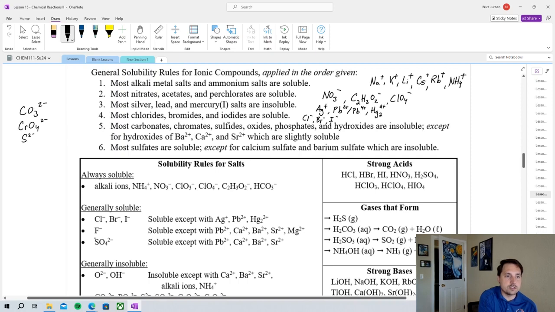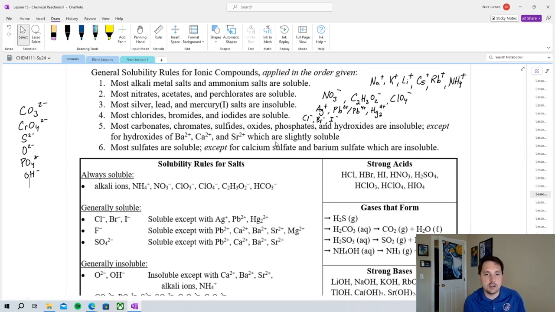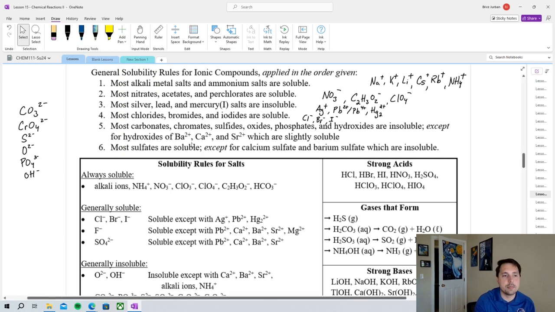Sulfides are compounds with sulfur, oxides with oxygen, phosphates, and hydroxides. So a lot of these are insoluble, except for hydroxides of barium, calcium, and strontium, which are slightly soluble.